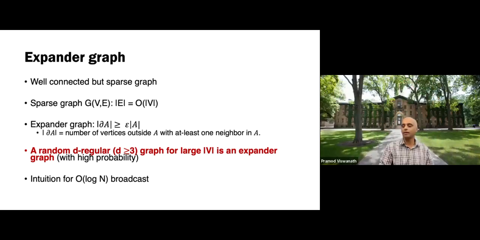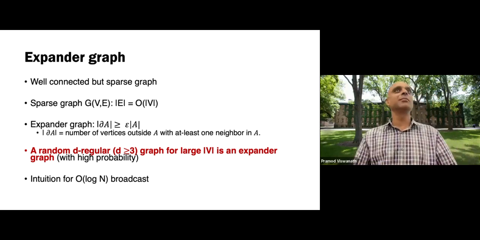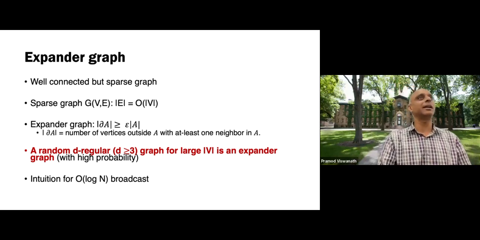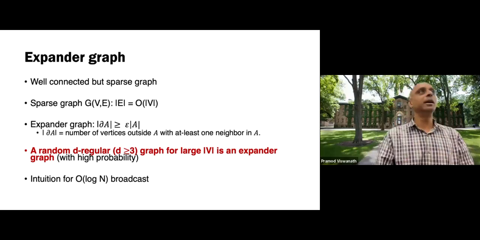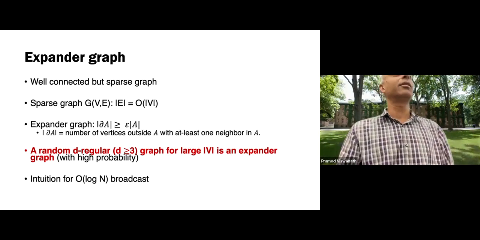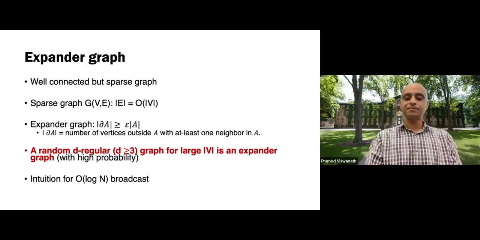The good news is that these are easy graphs to build. When nodes leave, there's still a random graph. When a node comes in, it's easy to add in; it just makes random connections. So it's natively built, and it's already well connected.